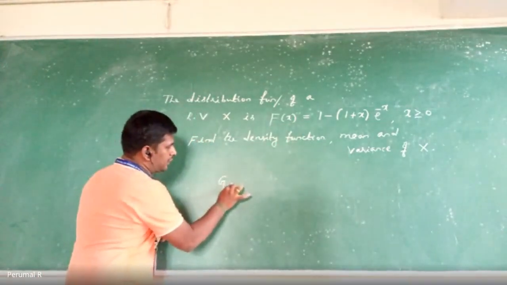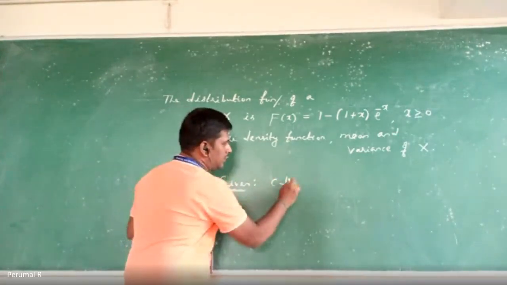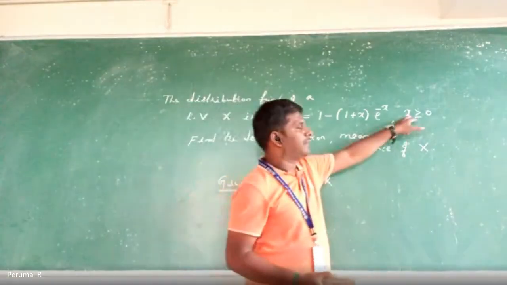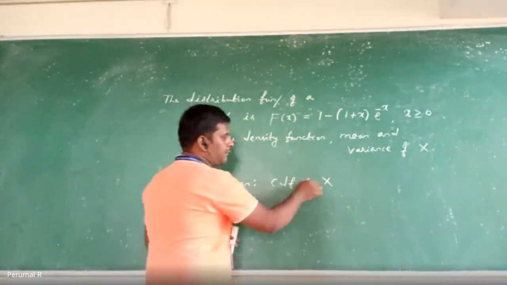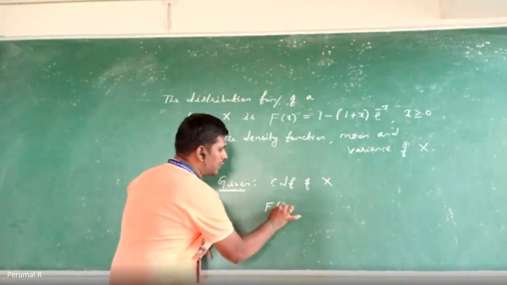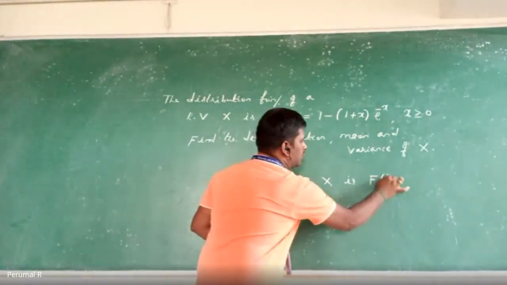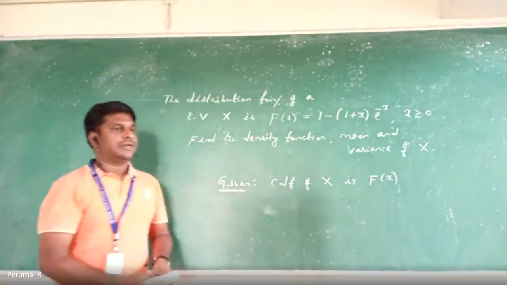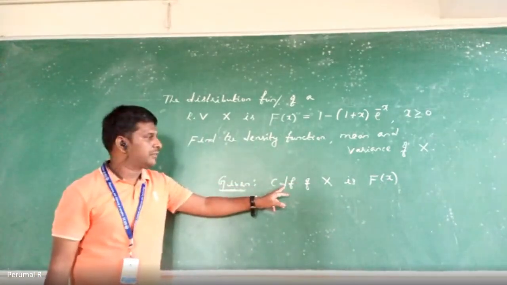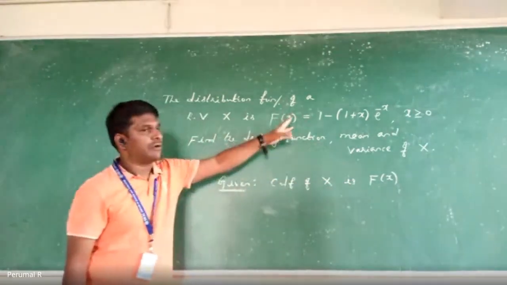In your given statement, the CDF of the continuous random variable is given. Here the interval is defined as x greater than or equal to 0. The cumulative distribution function of the random variable, F of X, is given in the problem.